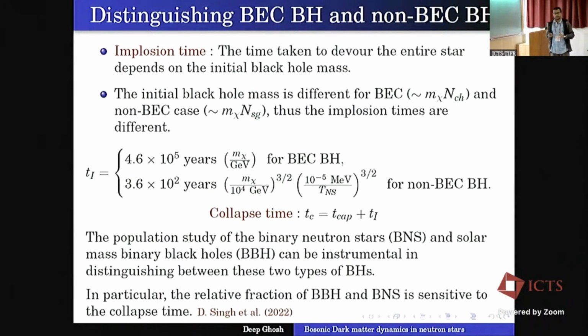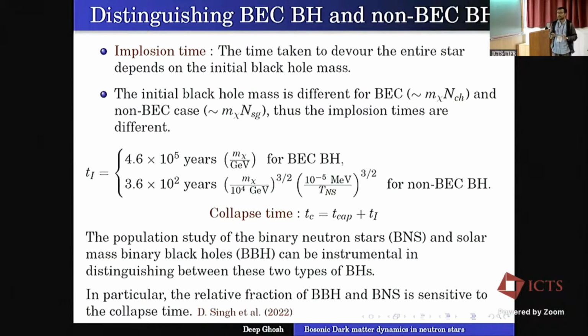So let's say we have a population of binary neutron stars. If we wait, and before a binary neutron star merges, if this collapse time is smaller than its merging time, then some of these binary neutron stars can form these binary solar mass black holes.